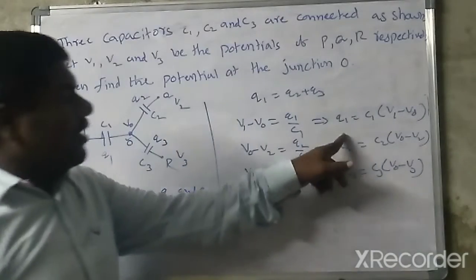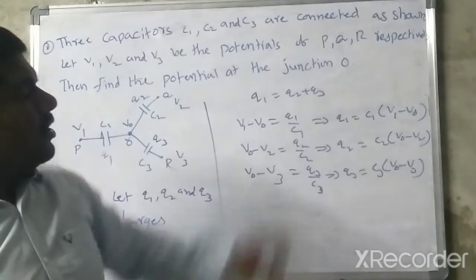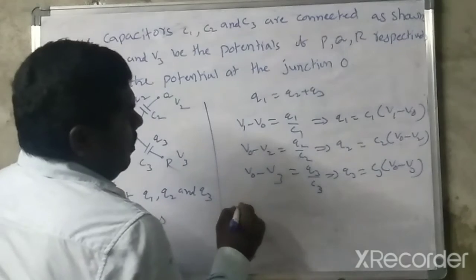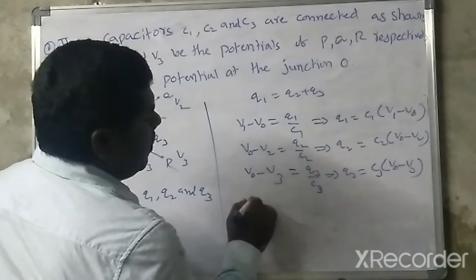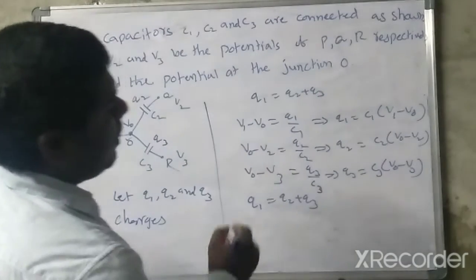Substitute the Q1, Q2, Q3 values into the formula Q1 is equal to Q2 plus Q3.